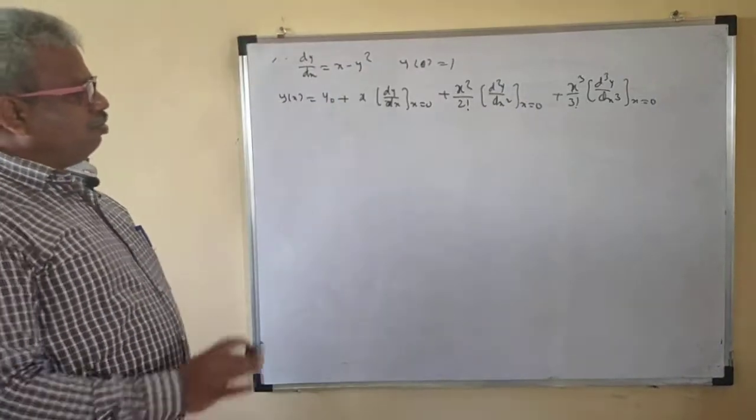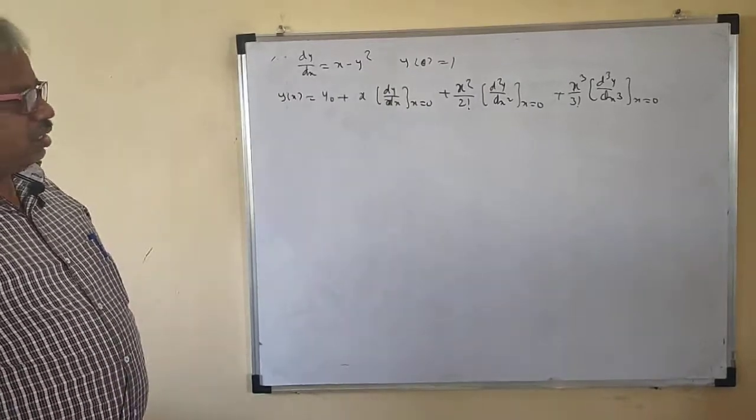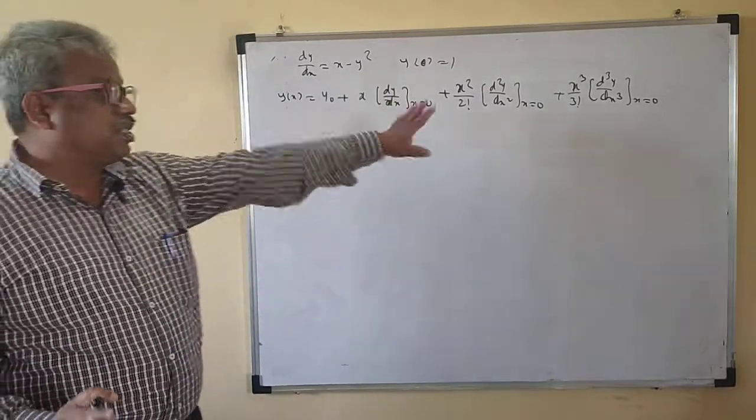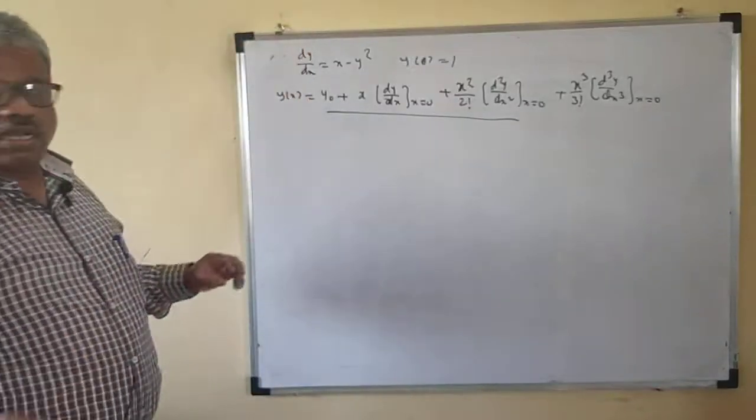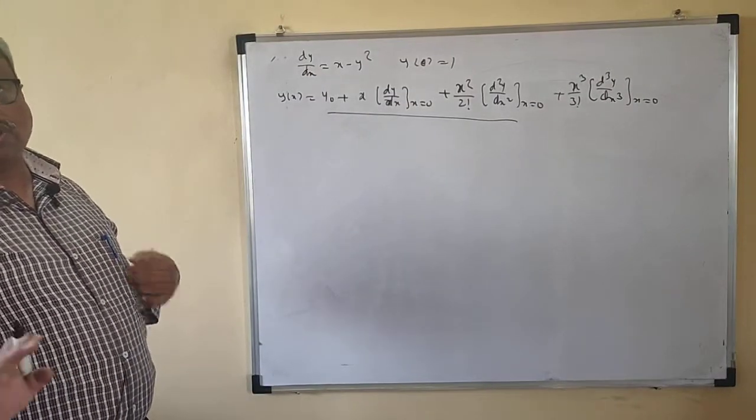We'll do only these terms here. If it is the first 3 terms, then do only this. Don't find the third derivative now. If there are 3 terms, go to the second derivative.